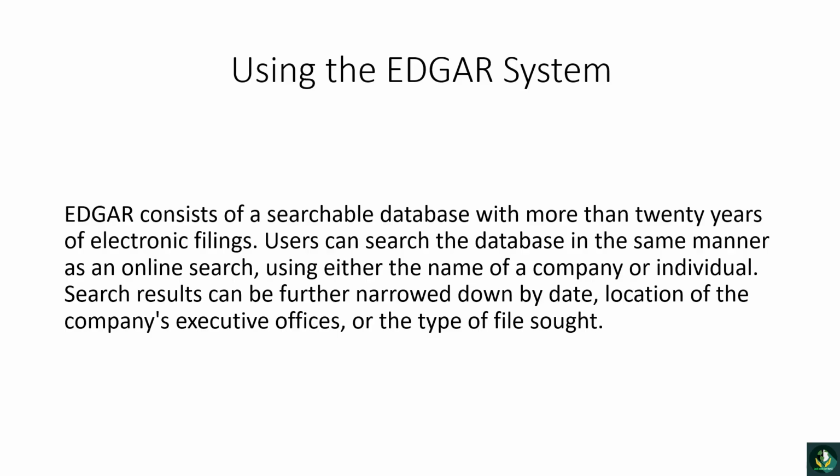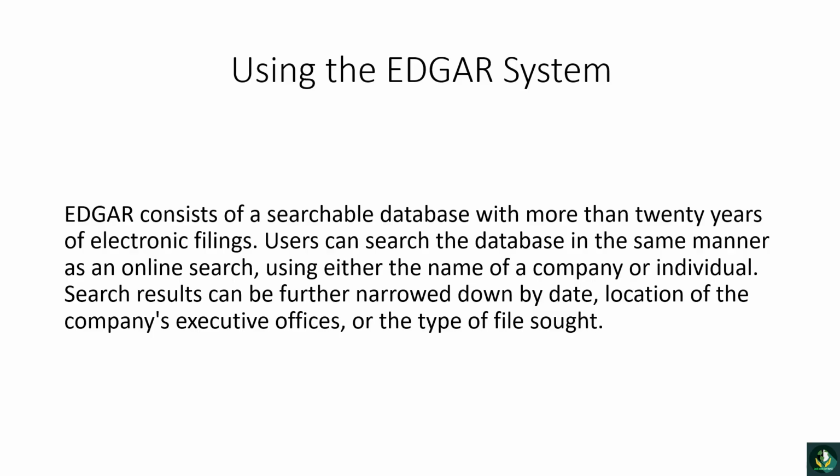In addition to company data, EDGAR can also be used to search mutual funds, variable insurance products, or confidential trading orders. These are orders with restricted access to data that is otherwise required to be filed.